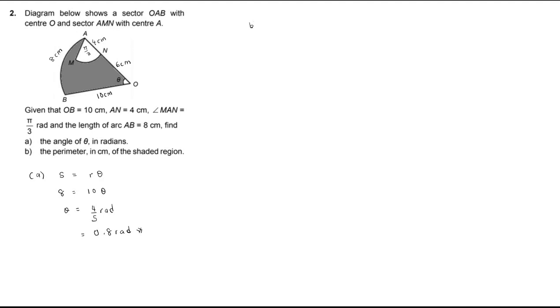For part B, we want to find the perimeter in cm of the shaded region. We know this one is 6 cm, 10 cm, 8 cm, and 4 cm because the radius is the same here. The only thing we need to find is the arc length of the smaller sector, the length of MN.